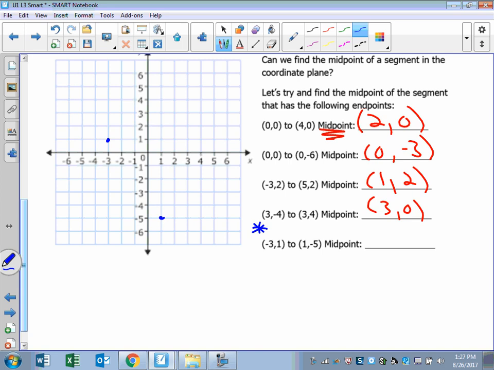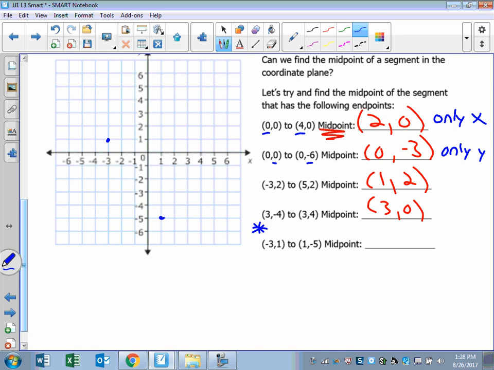So in the first one, only the x changed. So we just went half of 4. The second one, only the y changed. So we went half of negative 6.